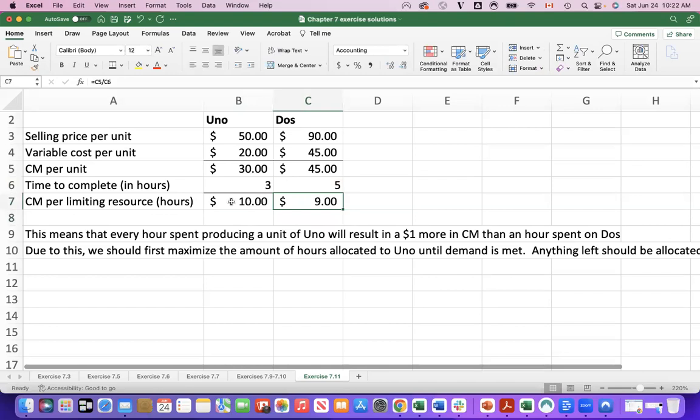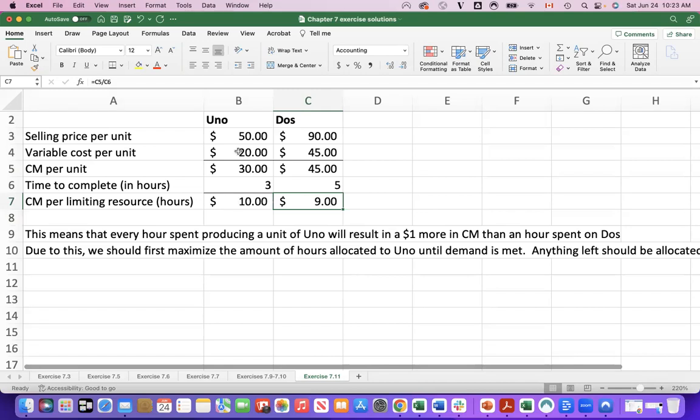Now I have a better sense of which product gives me more profit. For every hour that I allocate to production of the Uno, I earn one additional dollar in contribution margin than I would if I had allocated that same hour to production of the Dos.